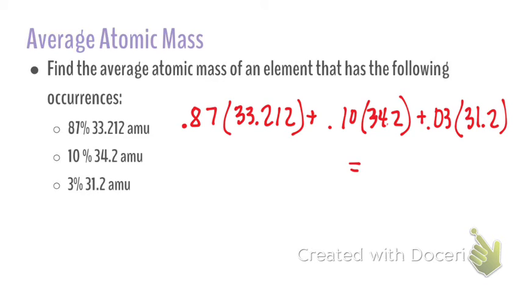All right, what did we get as our weighted average here? 33.25? I just read it. Okay, that's fine. I wrote 33.2.